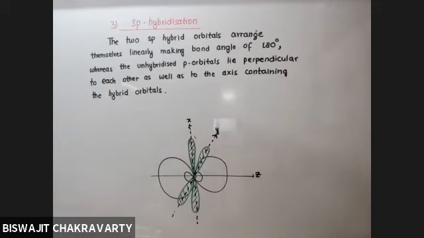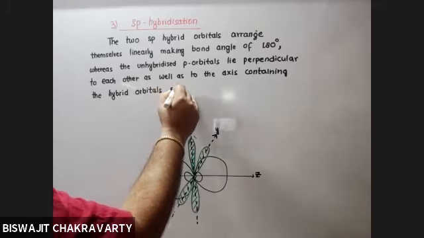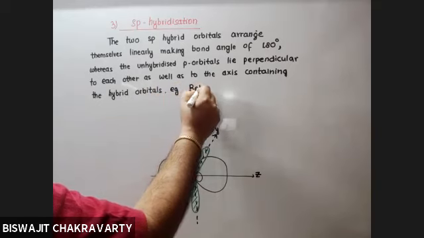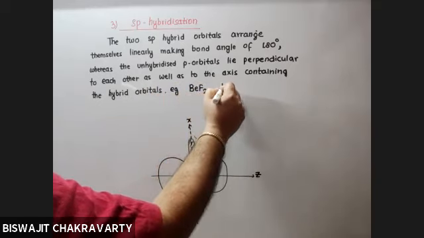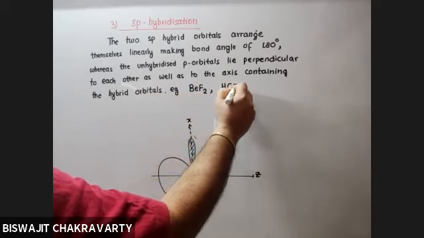If 2 axes were involved, as in sp2, it was a planar hybridization. And if all the 3 axes that we discussed last class under sp3, it was tetrahedral hybridization. So examples that we are going to discuss under this are beryllium fluoride and ethyne.